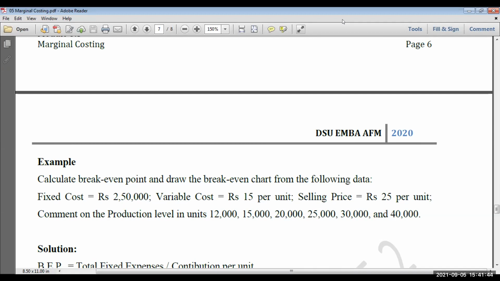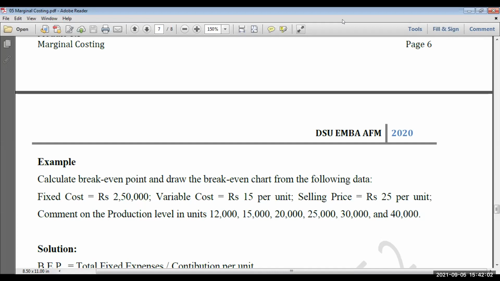Same data as the previous case. One more question is added: how many units should the company sell to get a profit of rupees 2 lakh?